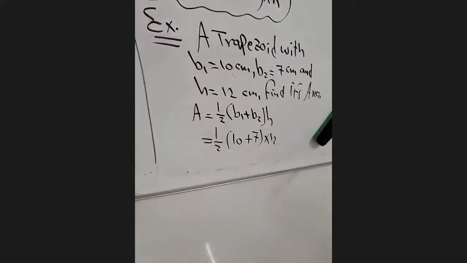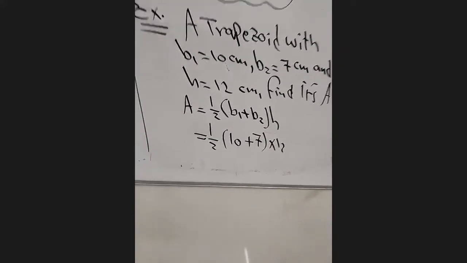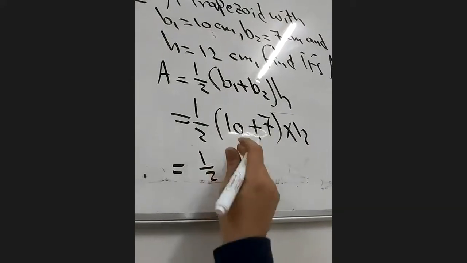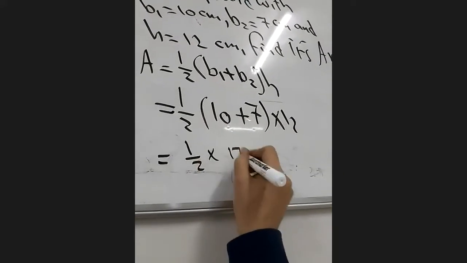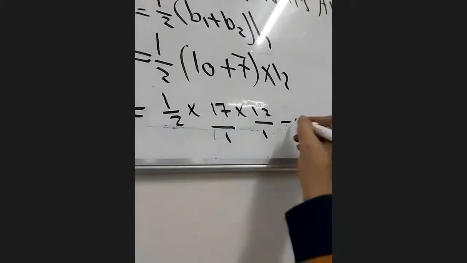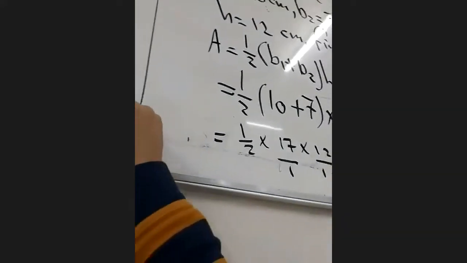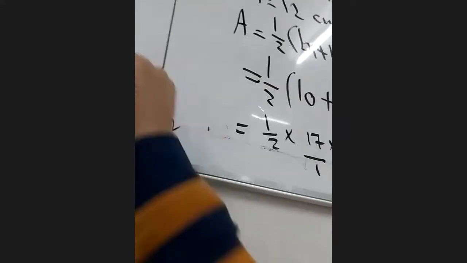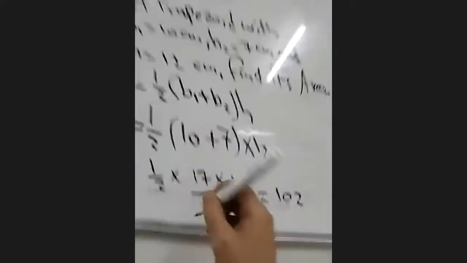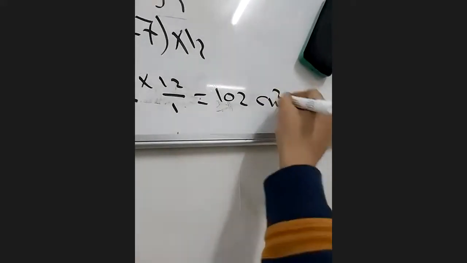Now we have a numerical expression, calculate it. This is equal to half, 10 plus 7 is 17, multiply 12 over 1, multiply and divide by 2. It will be 6 times 17, which is 102, and the unit is square centimeters, like this.